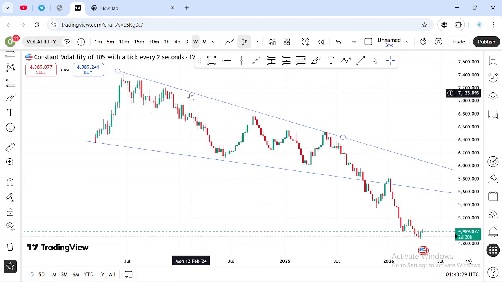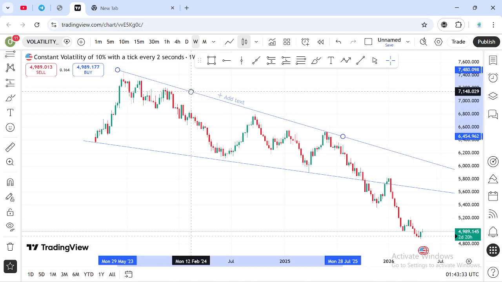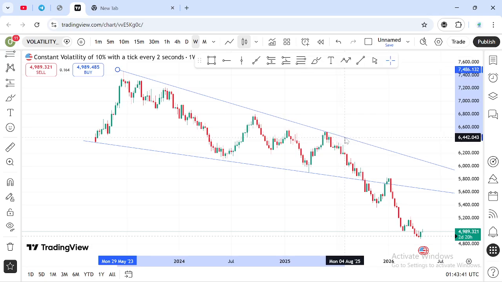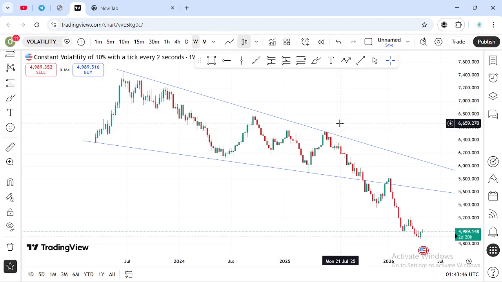On the weekly time frame, it's fair enough to adjust this high and adjust this point. So it's fair enough to do that adjusting. This one is left the way it is.